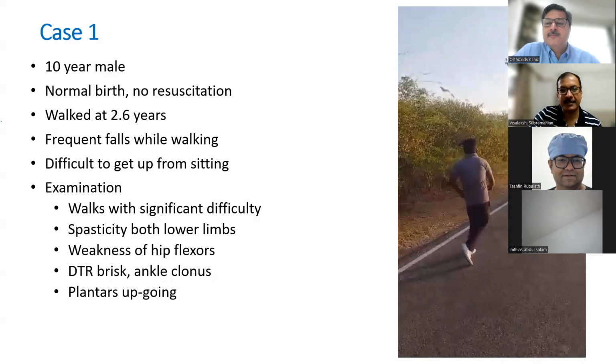One question before we proceed, Anand: can a child have cerebral palsy with a normal brain MRI? It's about 5 to 10%. But you have to be really careful that you have excluded everything, and it's a diagnosis of exclusion.